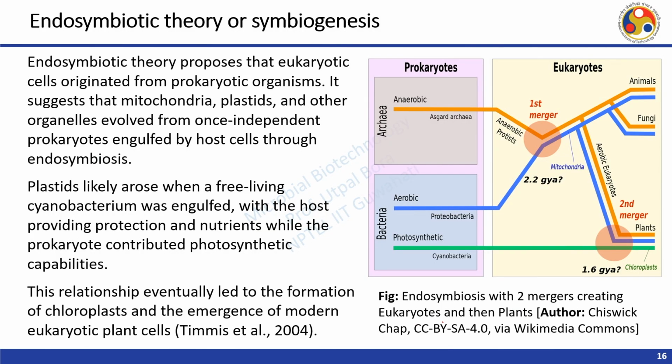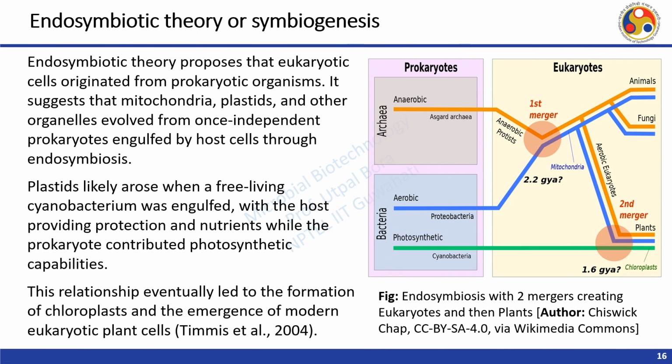So, here in this figure you can see endosymbiosis with two mergers creating eukaryotes and then plants. Here the prokaryotes include archaea and then bacteria, the first being anaerobic and the second being aerobic.